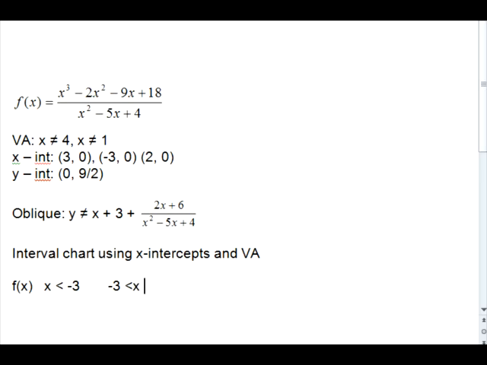Negative 3 is less than x is less than 1. 1 is less than x is less than 2. 2 is less than x is less than 3. 3 is less than x is less than 4. And x is greater than 4.